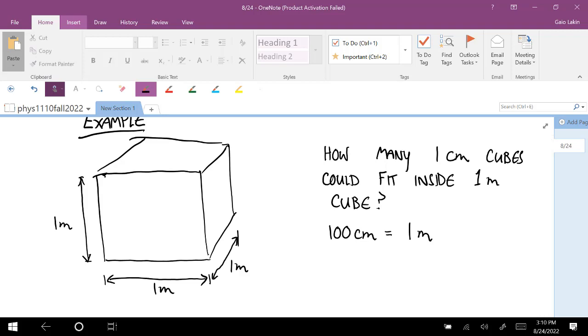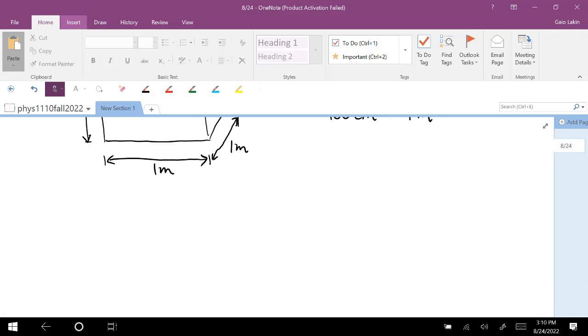Okay, well, volume is distance cubed. So we're going to start out with this quantity 1 meter. 1 meter cubed we're going to write as 1 meter times meter times meter. Okay?